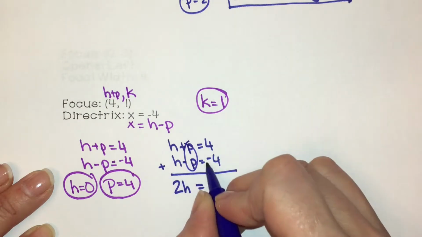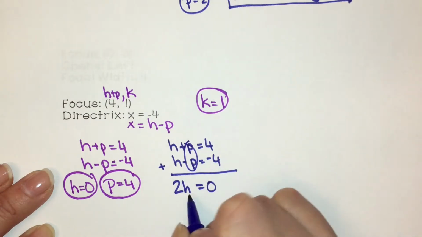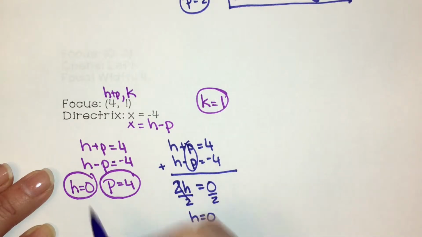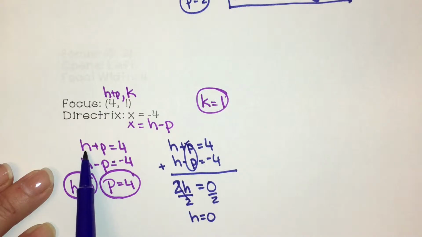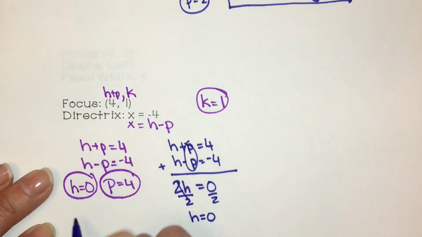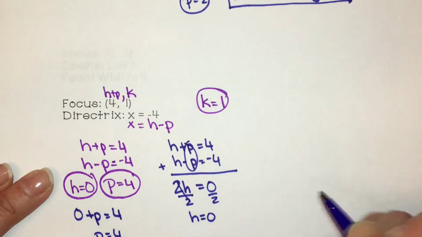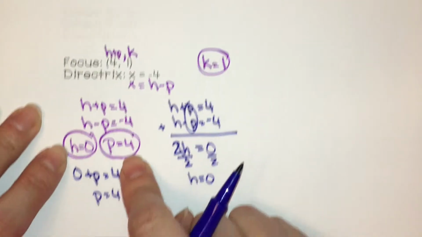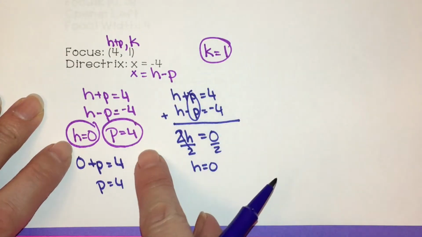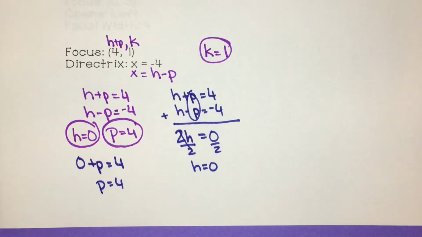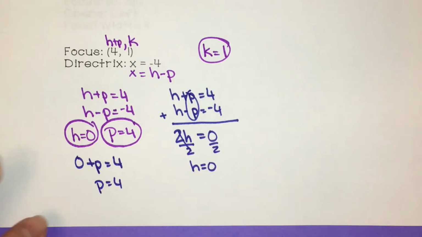Equals 4 plus -4, which is 0. So I divide both sides by 2 and h is equal to 0. Well, that's what I found. If h equals 0, plug 0 into one of the equations for h. 0 plus p equals 4, meaning p has to equal 4. And that's what I got up here. So if you can easily identify what they are, go ahead and do it that way. Otherwise, you can solve for both h and p.